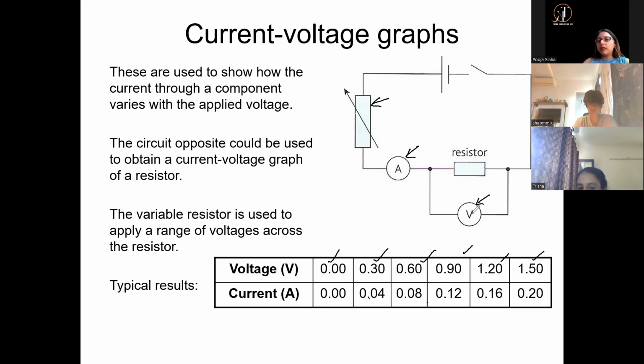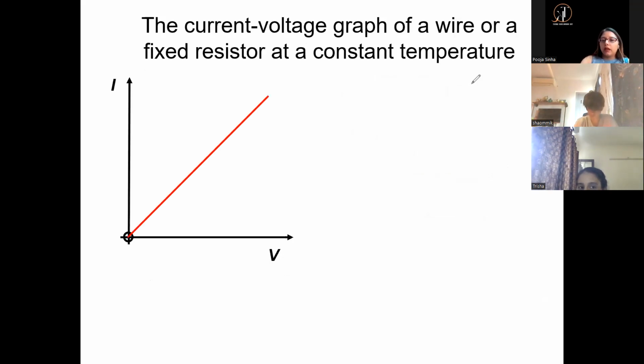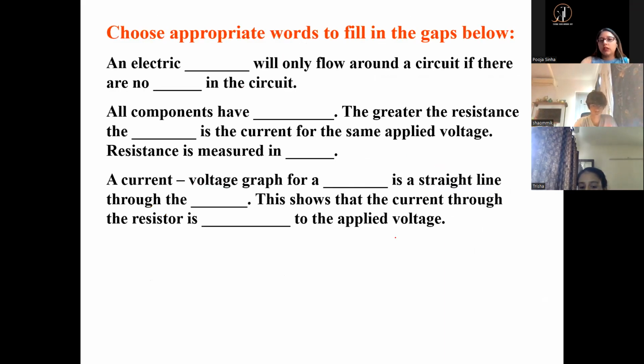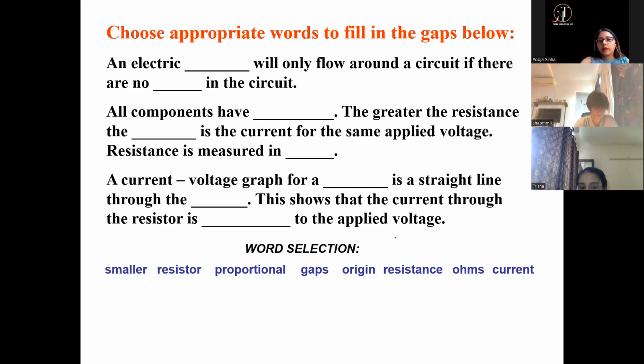And if you observe, B is connected parallel to the resistor and A is connected in series with the resistor. Clear? And this is the circuit that you get. The wire or resistor obeys Ohm's law, which states that the current is proportional to the voltage. Okay? Clear? Now, chalo. So start.